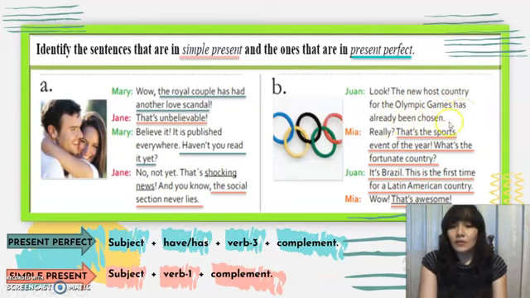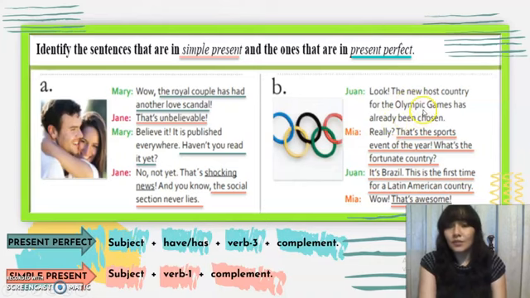We have the auxiliary verb has, but we are working with the past participle of the verb be and another verb that is in past participle. But we have to take care in this part because this is present progressive and not present perfect.